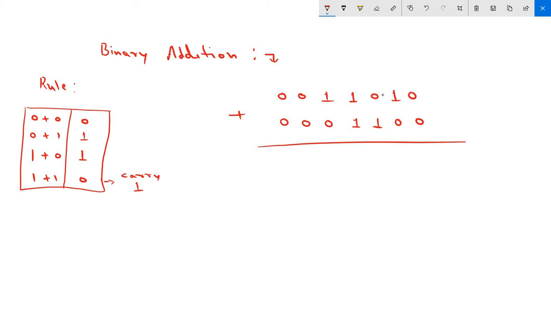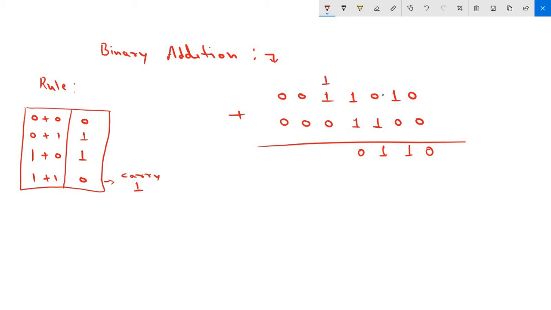0 plus 0. According to the rule, 0 plus 0 equals 0. 1 plus 0 equals 1. And 0 plus 1 equals 1. And 1 plus 1. According to the rule, 1 plus 1 equals 0, carry 1. So 1 plus 1, 0, and carry 1.